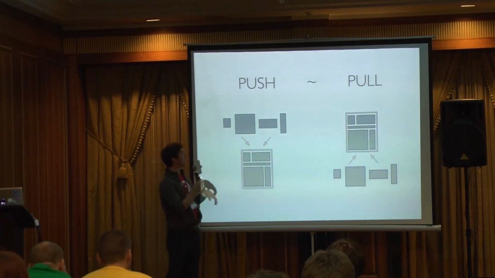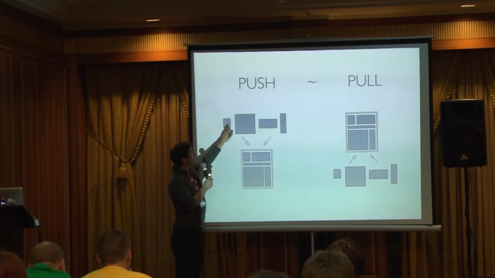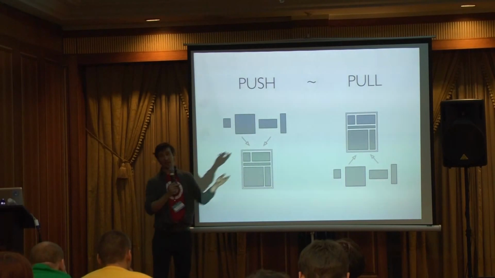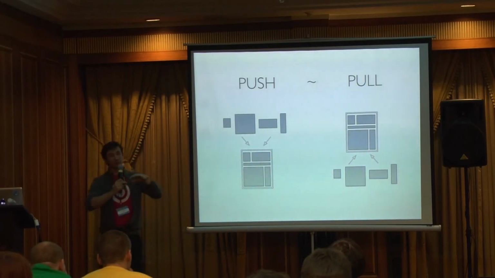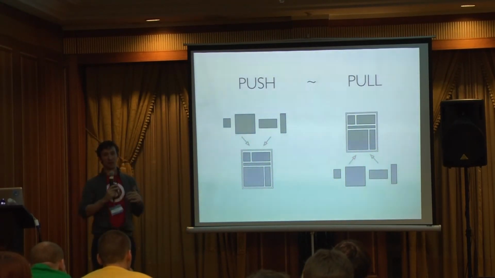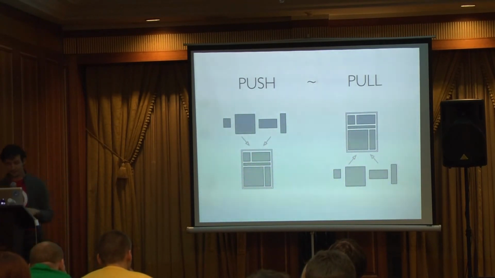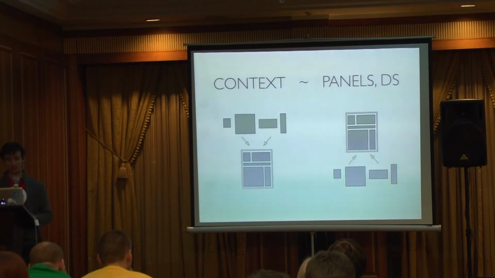So this is what I mean by push, because the blocks themselves will get pushed into the layout. While on the other hand, with panels, we define the whole canvas. We replace all the content, and then panels will control whatever should show up inside. And Display Suite also basically does that, but just on the content level itself.